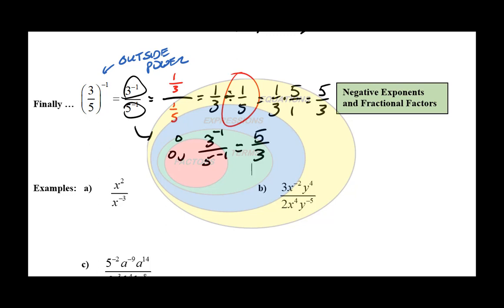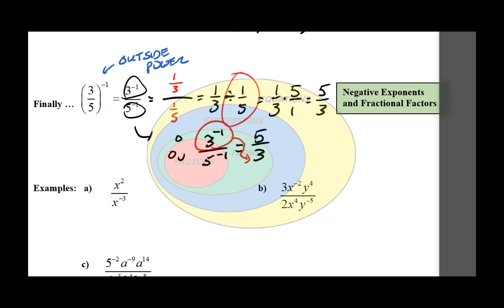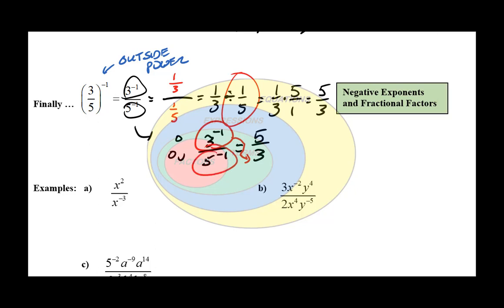So in a sense, what's happening is the negative exponent on factors basically just changes the position of the factors in the fraction. So if we notice the 3 to the negative 1 was a factor in the numerator, that just moved to a factor of 3 in the denominator. And 5 to the negative 1 in the denominator moved to the numerator as just 5.